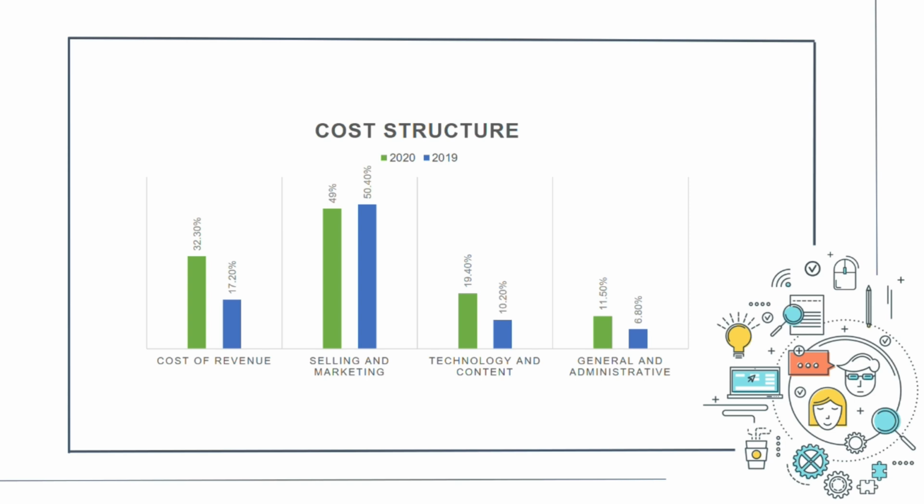For the cost of revenue in 2019, it shows 70.20% compared to 2020, which is 32.30%. The cost of revenue decreased by 397 million during 2020 compared to 2019.